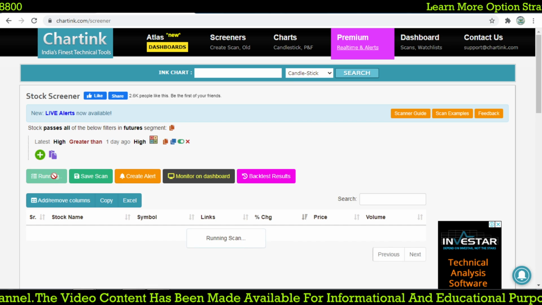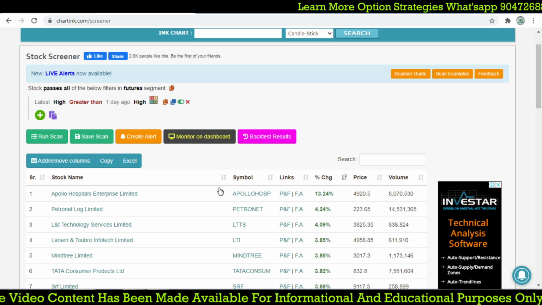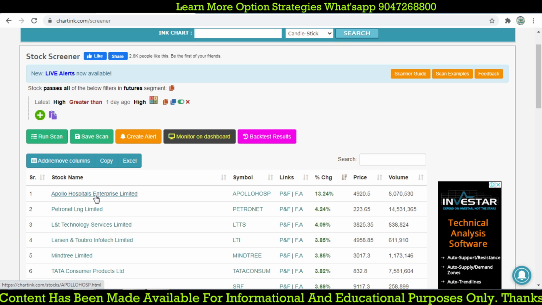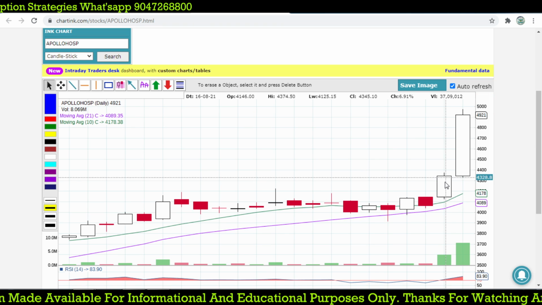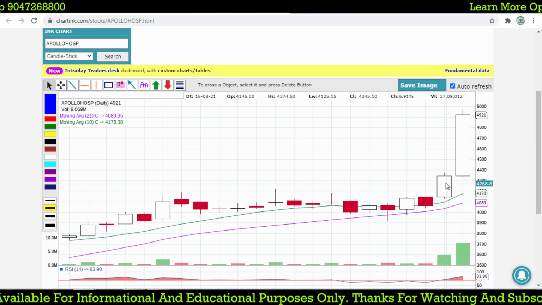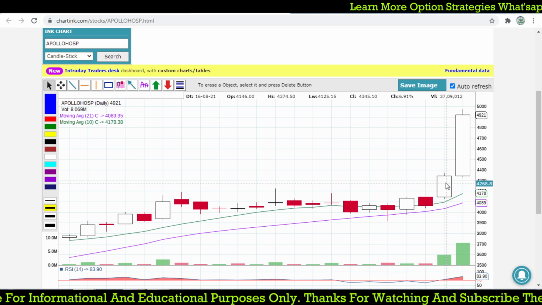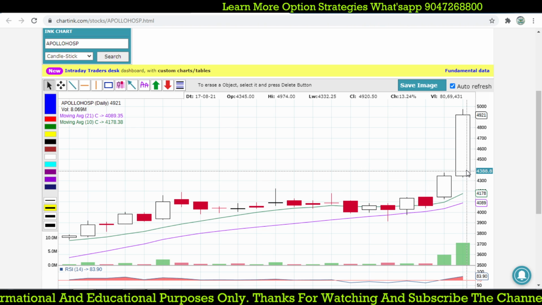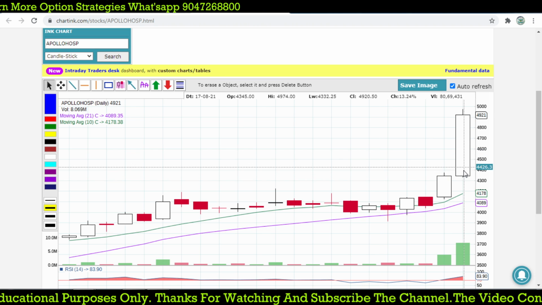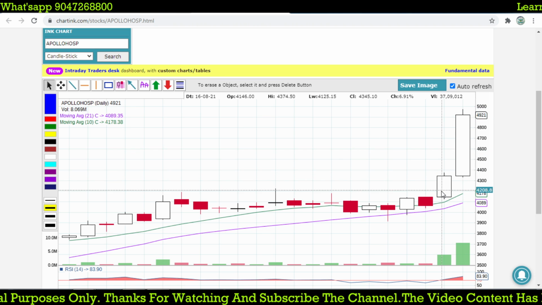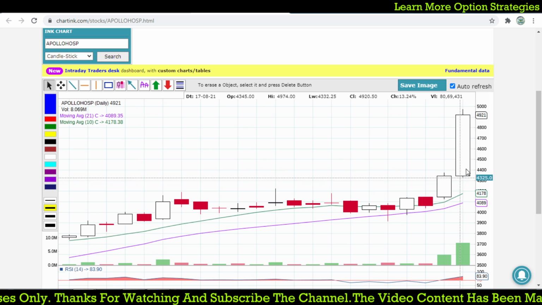Let's check it. Today Apollo Hospital has good movement. You can see the previous day high is 4,374.55, and today's high is above that previous day high.